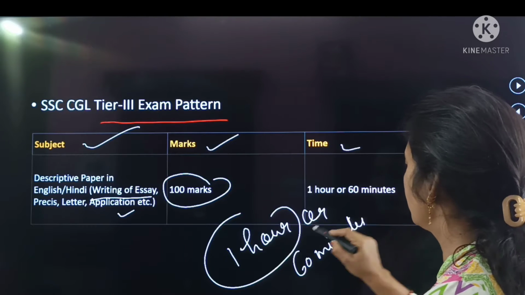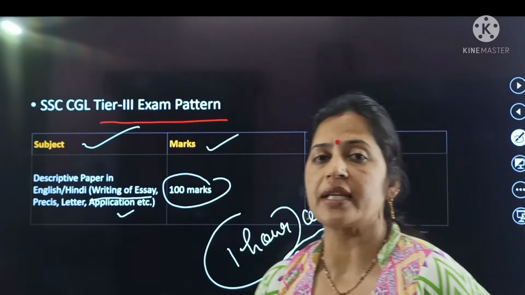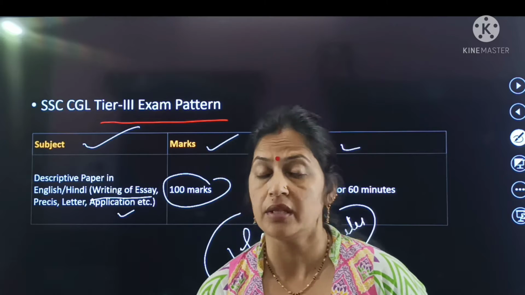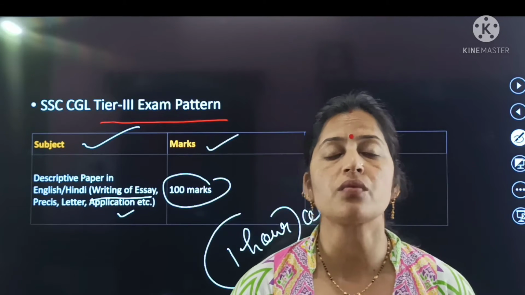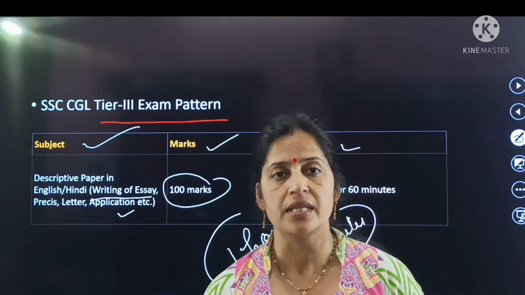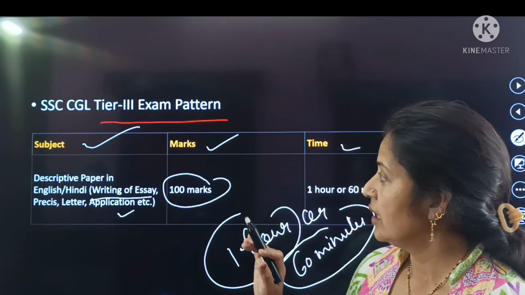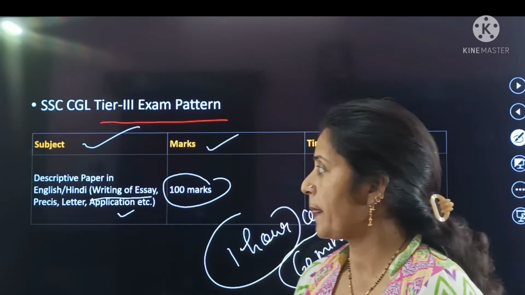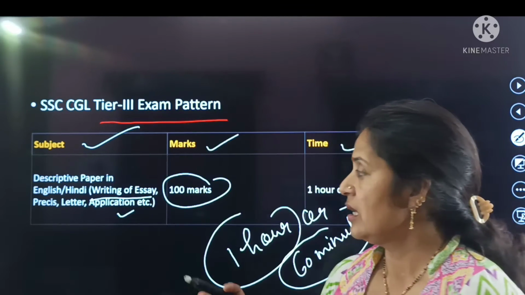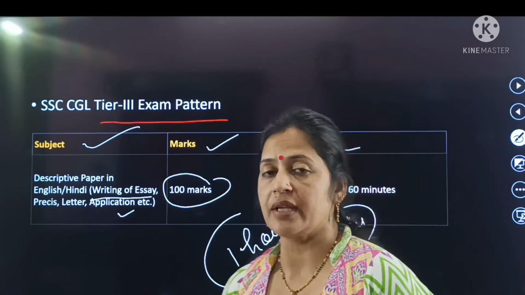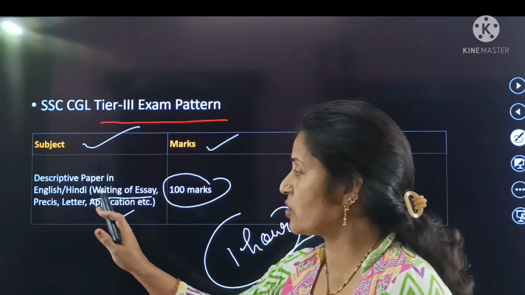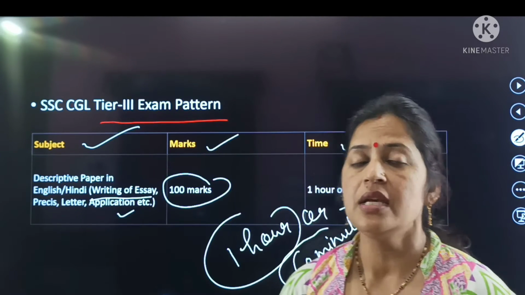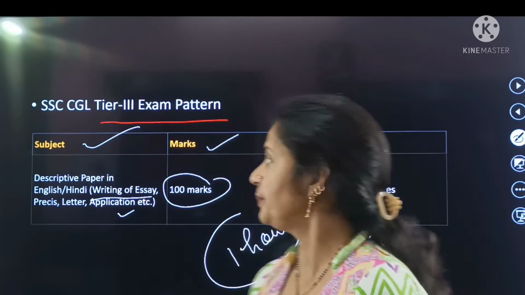But the students who belong to the special category, that is the PWD category, have their time increased from 60 minutes to 80 minutes. The subject is the descriptive paper in English as well as Hindi, writing of essay, precis, letter, application, etc. This paper is of 100 marks, and the time is 60 minutes or 1 hour.